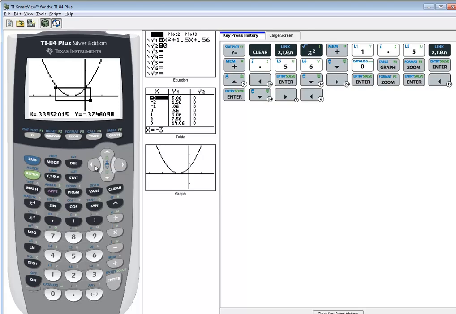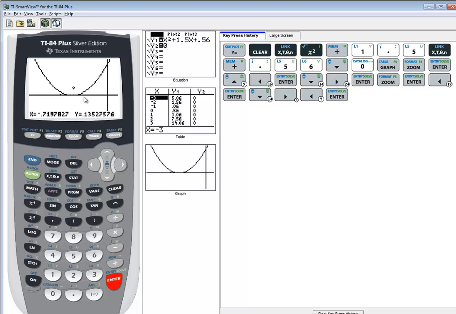Part of the problem of holding it down is it'll go real fast sometimes, and sometimes you don't see it update on the emulator. But anyway, I press enter again. Still not quite sure what's going on, but it doesn't appear like it's going down below the x-axis, but that's okay. Let's work with what we got.